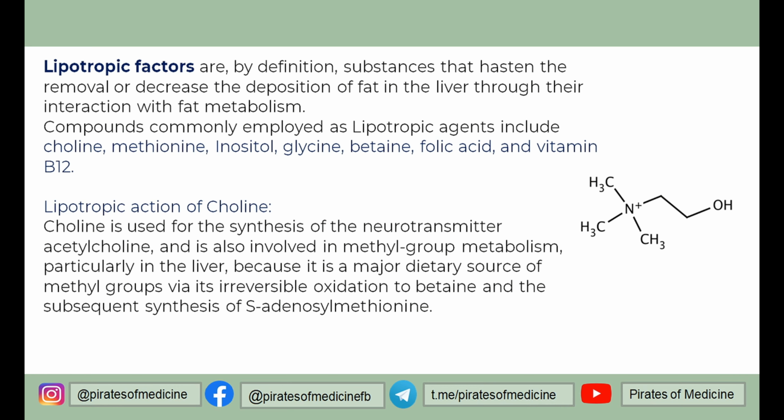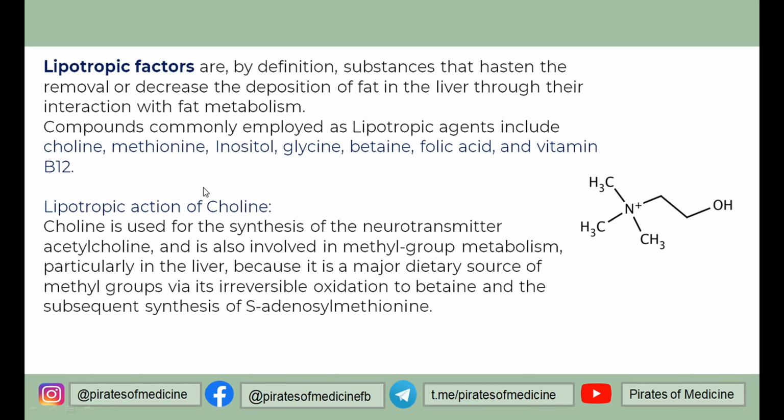So these compounds are lipotropic agents like choline, methionine, inositol, glycine, betaine, folic acid, and vitamin B12. These are the agents which are responsible for looking that the fat is not stored or deposited in the liver, and they ask the fat that if you are coming, then you should do something and then go away.